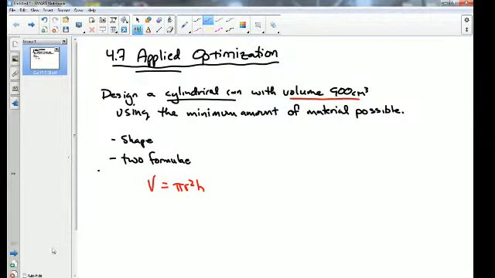Okay. What else? Yeah, surface area. That's 2 circles plus diameter times height.